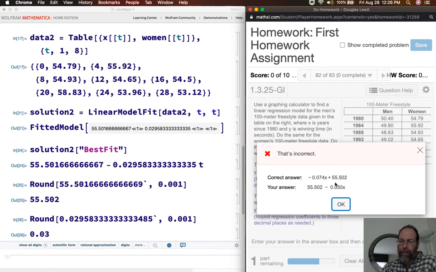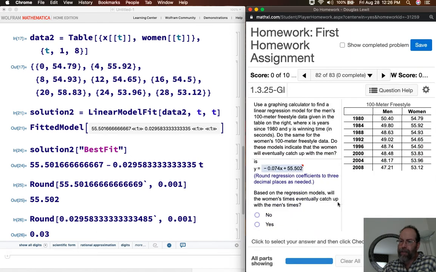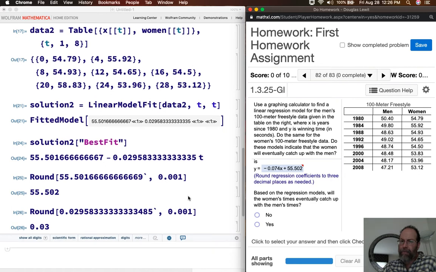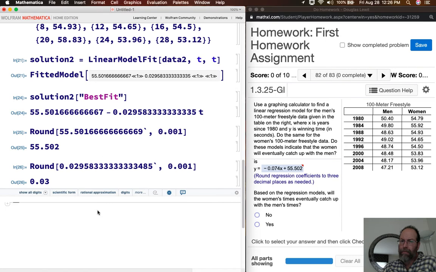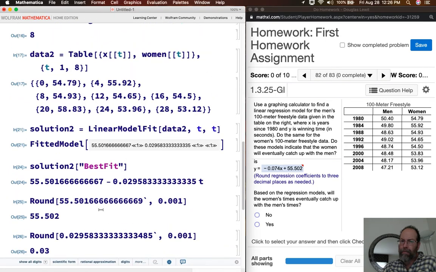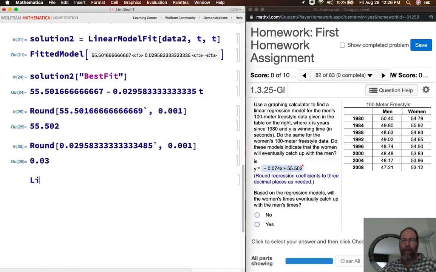Their answer is 55.502 minus 0.074x. That's interesting. Let me try. That's very interesting that we're a little bit off. I'm not quite sure if I can explain that.